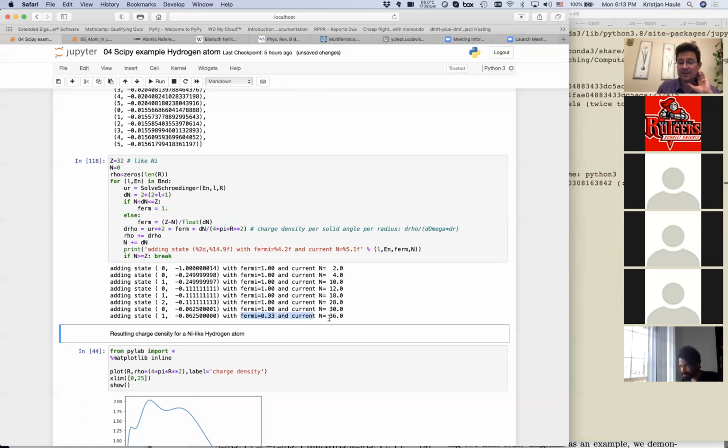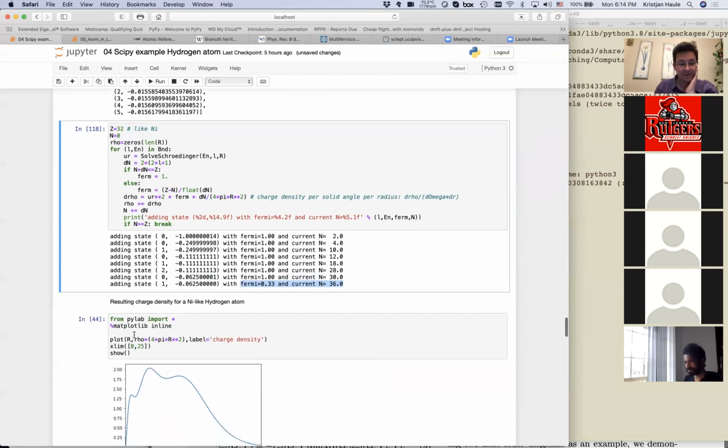Because we are putting 2 electrons in a p orbital, which has degeneracy 6. So n becomes 36, but in reality is only 32, because we added this n plus dn here. We added entire n. So the degeneracy is correctly calculated to be 1/3.